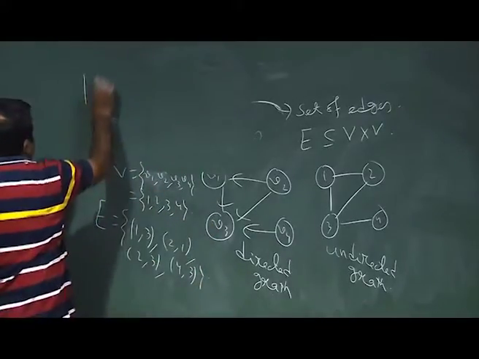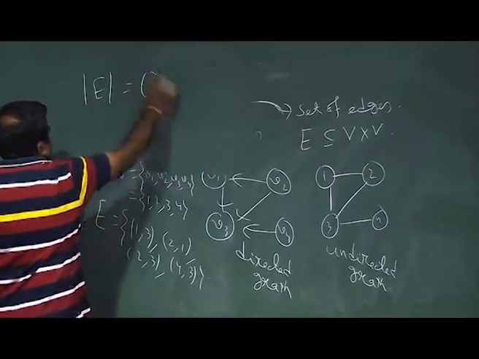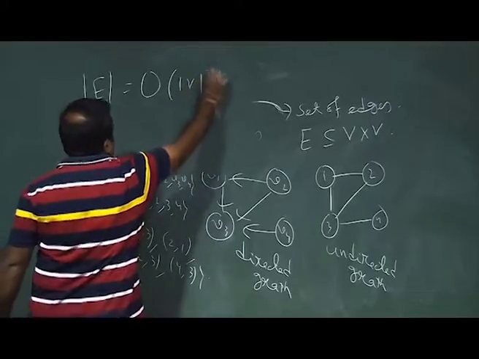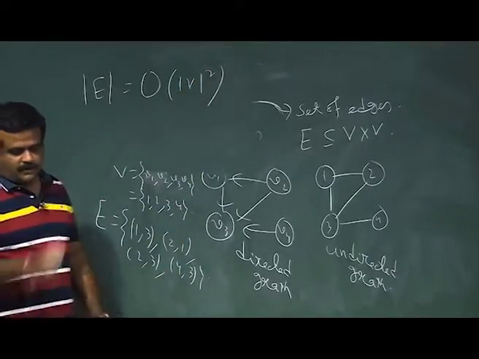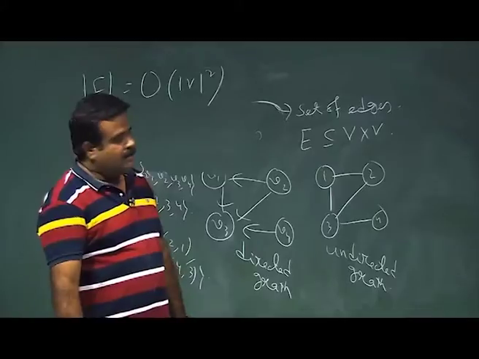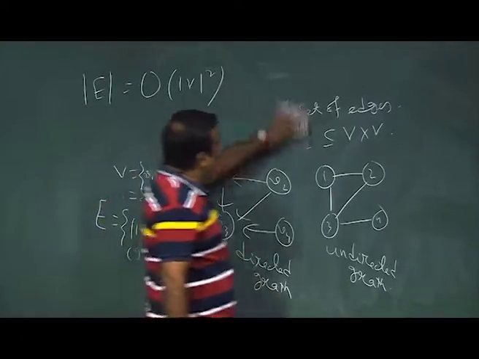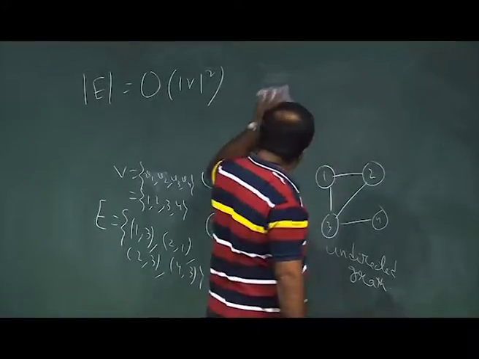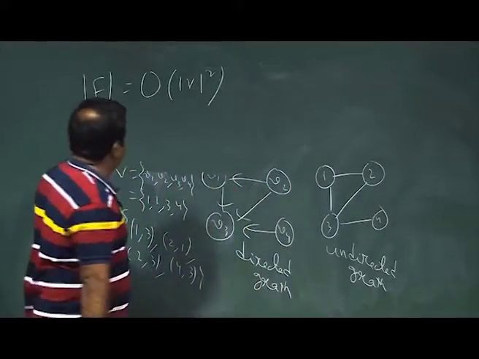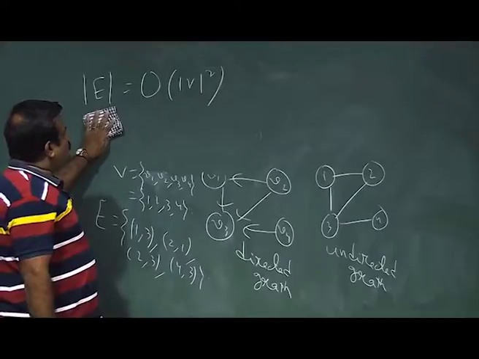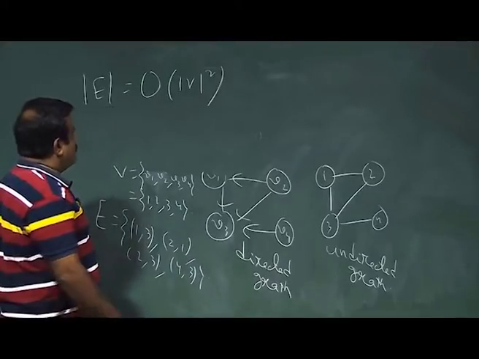So now, in a graph, what is the cardinality of E? E is big O of V square. Because at most the graph can be a complete graph. Complete graph means that between any two vertices there is an edge.